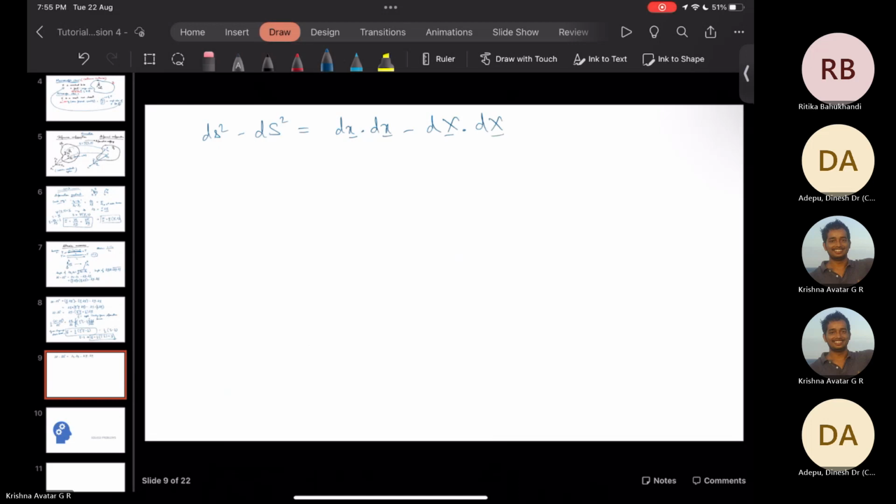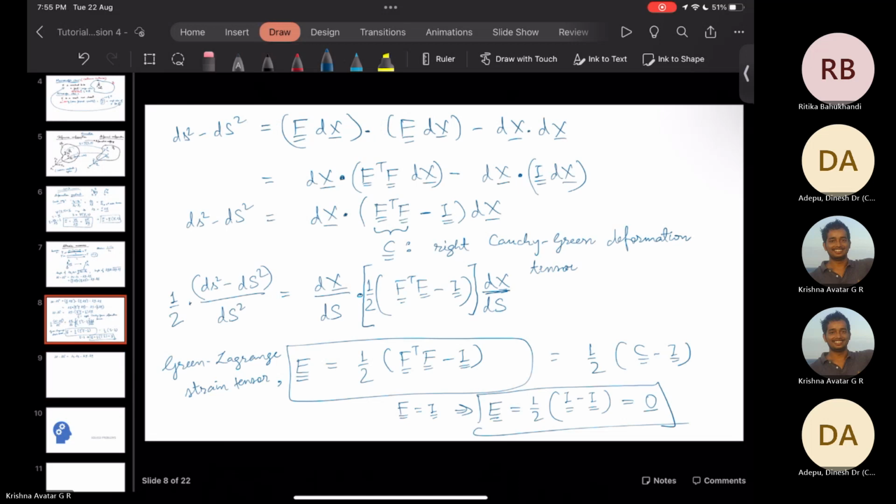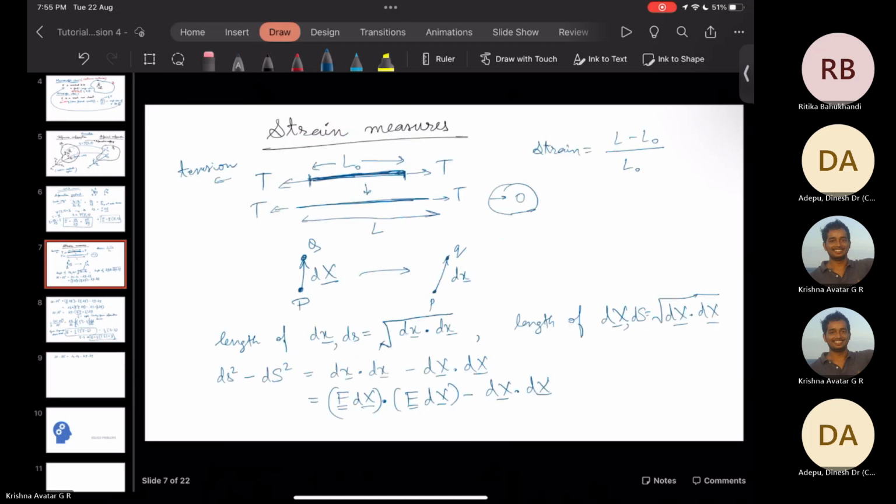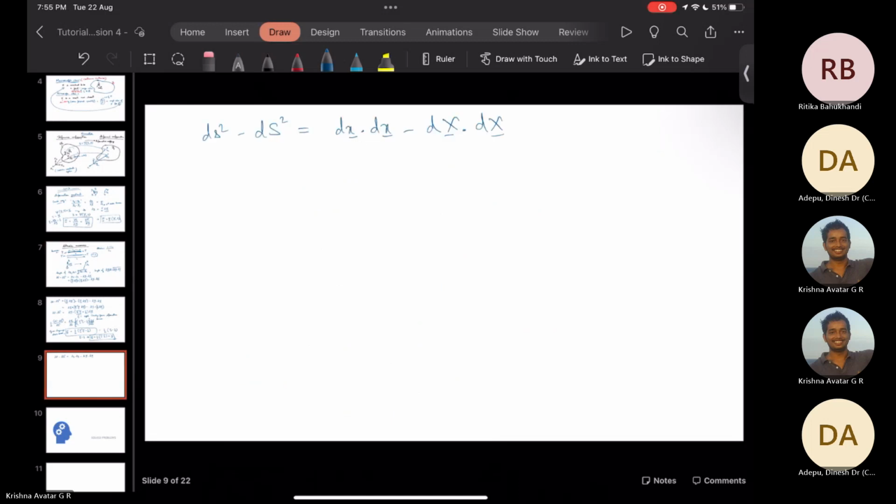And in that, what we had done previously is we had expressed small x in terms of capital X. Now we will do the reverse in the sense that we will still keep d small x as it is. However, we do something else this time. So from the relation dx is equal to F dX, let's multiply both sides by F inverse.